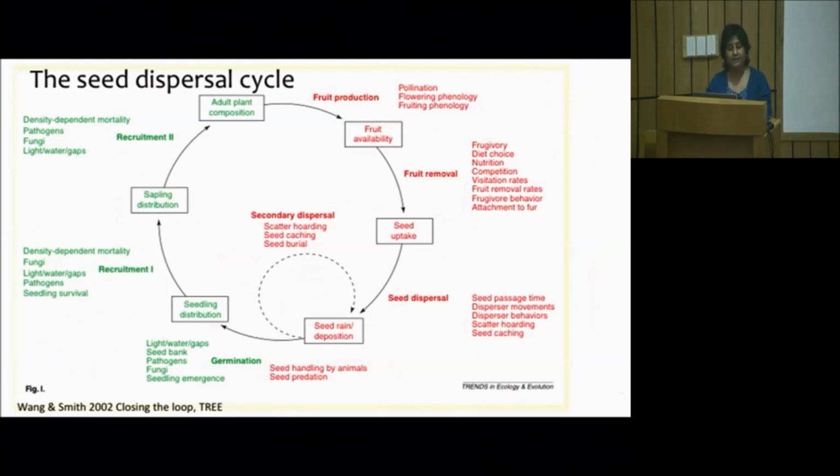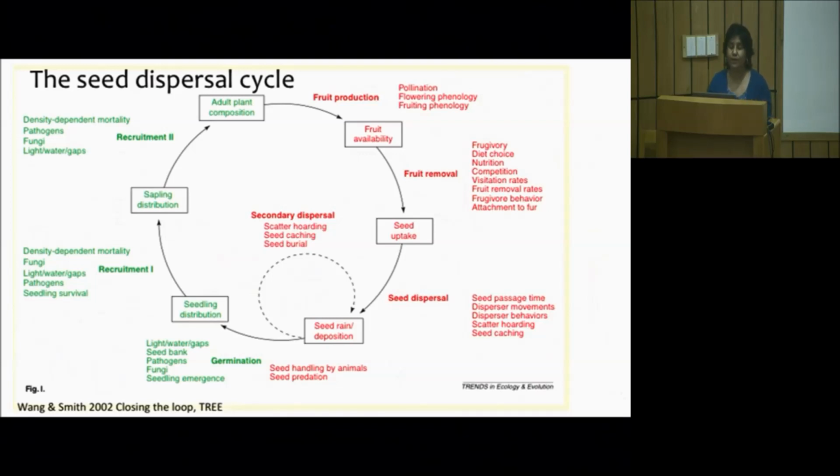Now the problem, as you can see, is that for a single study to be able to follow this full cycle is impossible, especially in the case of trees, which have very long life cycles. So much research in frugivory and seed dispersal has focused on different aspects of the cycle.